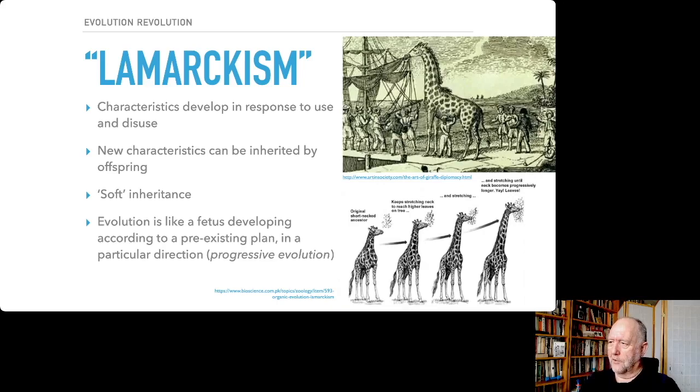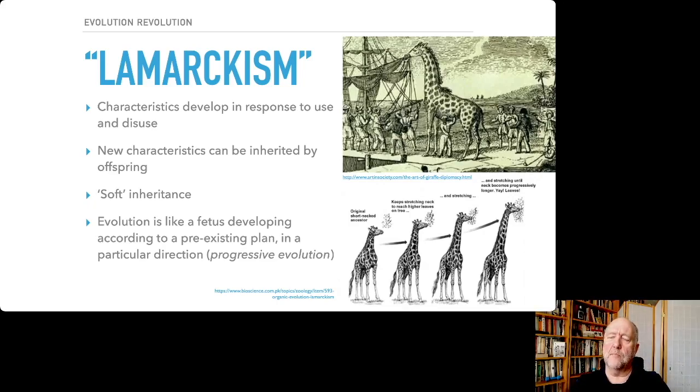So the giraffe has become, ever since, the standard illustration of Lamarckian evolution. Now, according to Lamarck and pretty well everybody else prior to this period, when species changed, or when new species appeared, it was according to a pre-existing plan.